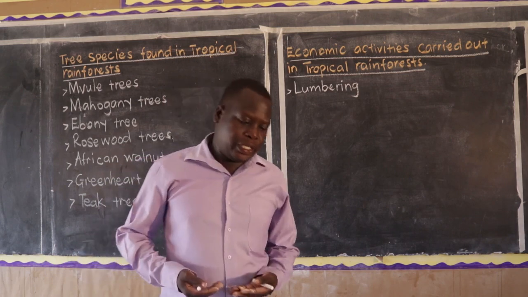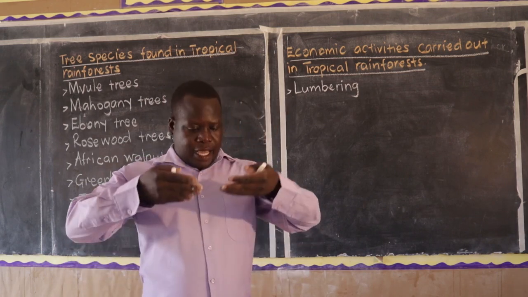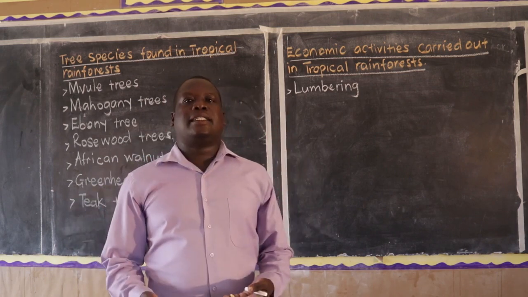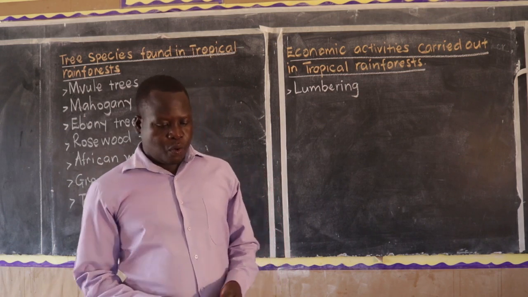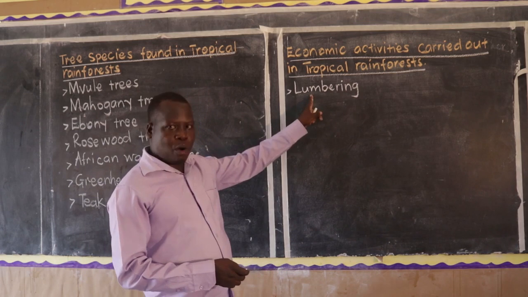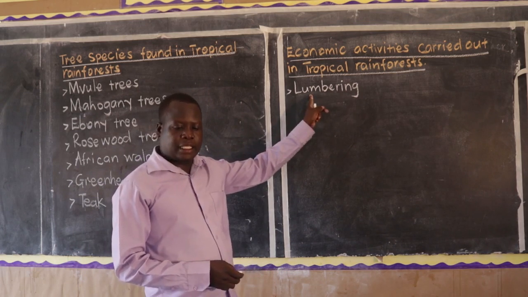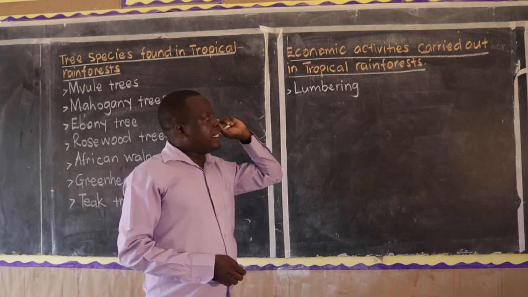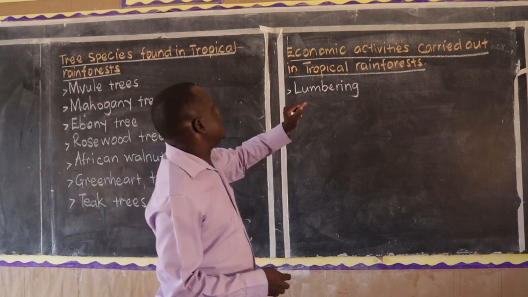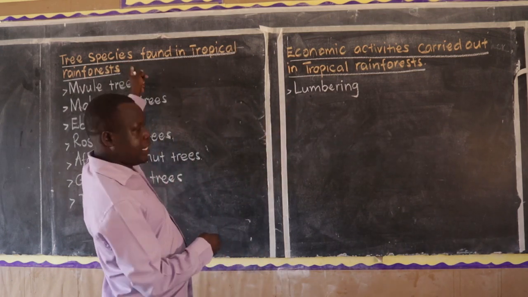Lumbering, we say, is the cutting down of mature trees for timber. So why is lumbering carried out? Here we are saying it is the major activity. And what makes lumbering to be done commonly there? It is because of the many tree species.